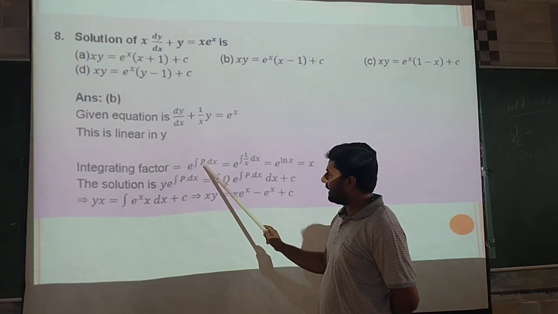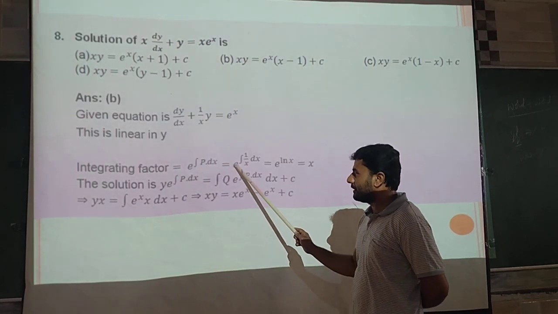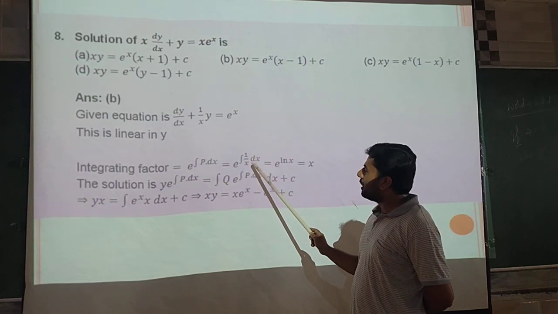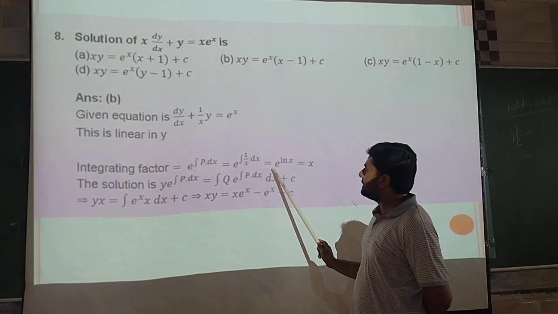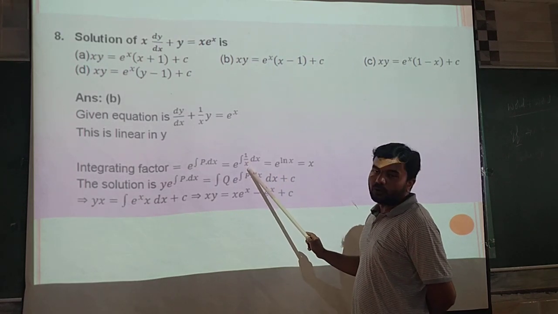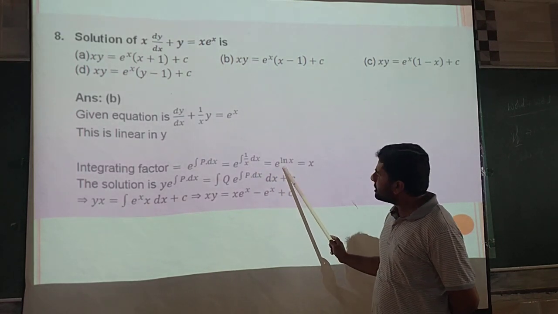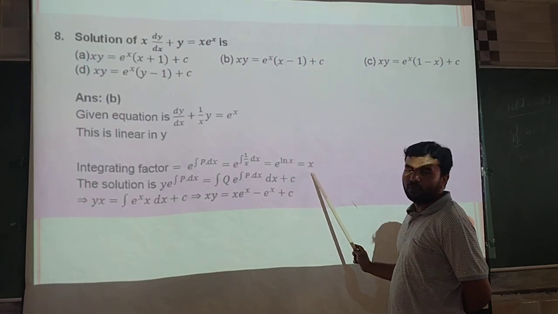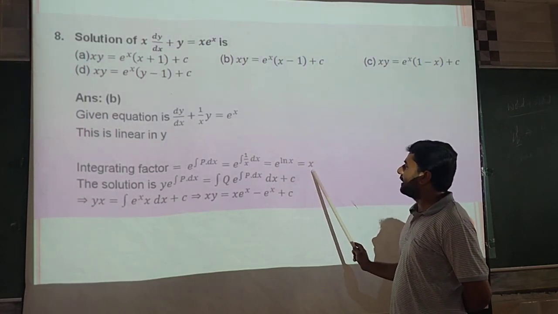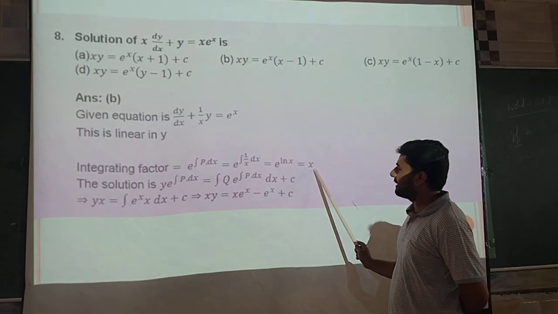The integrating factor is e to the power of the integral of p with respect to x, which is e to the power of the integral of 1/x dx, that is e^(log x). We know that e^(log f(x)) is equal to f(x), so the integrating factor is x.